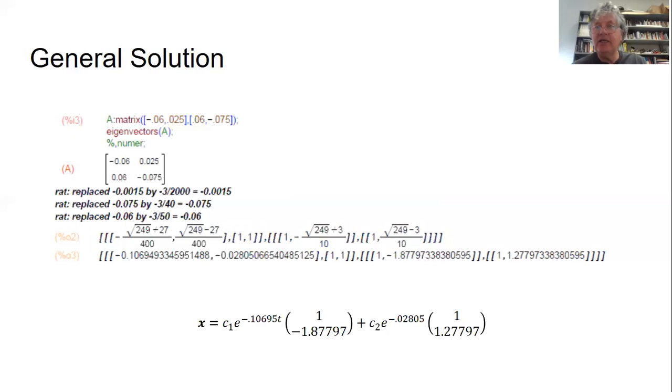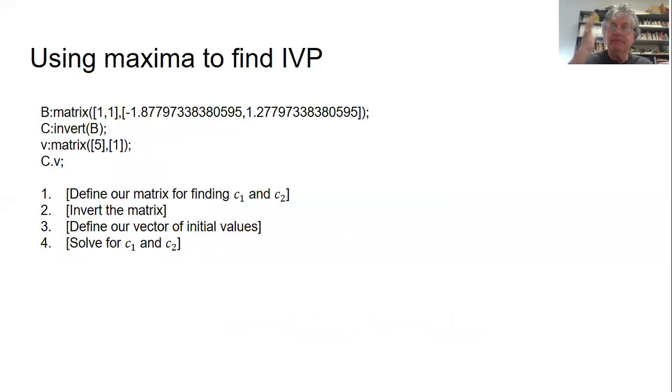If we were at t equals 1, for example, then we'd have to multiply the first column by e to the minus 0.10695 and the second column by e to the minus 0.2805. It all depends what happens at t equals 0.